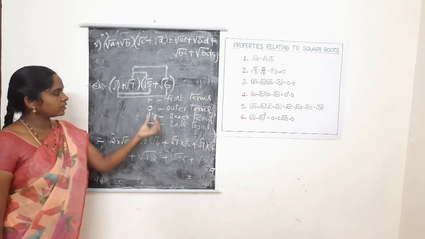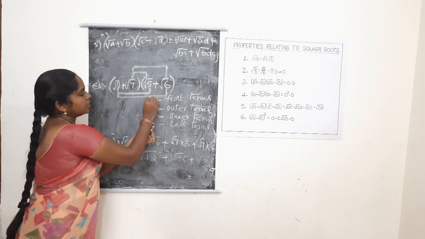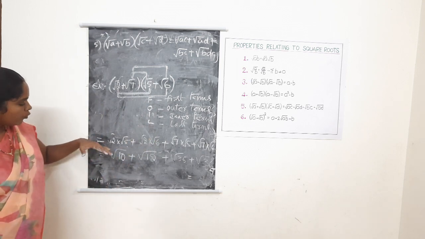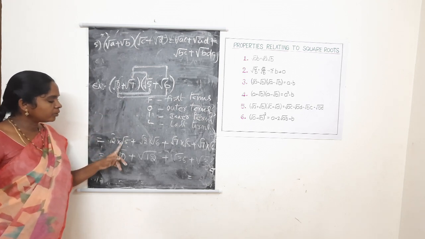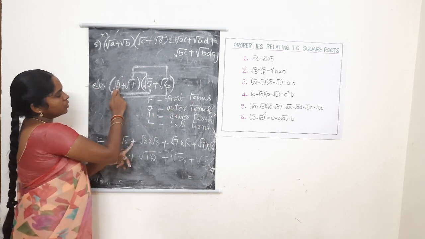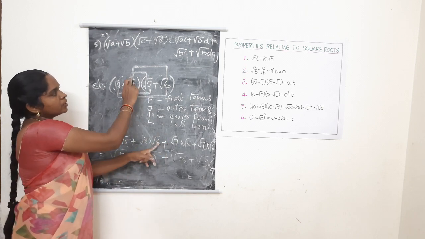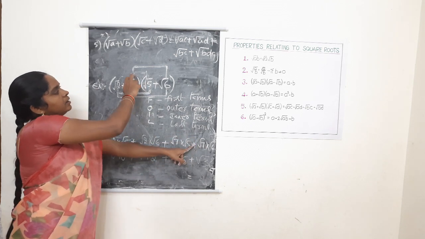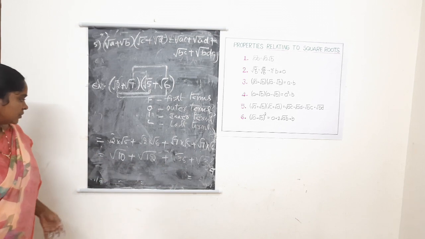So now we multiply first terms, √2 into √5, plus outer terms, √2 into √6, plus inner terms, √7 into √5, plus last terms, √7 into √6.